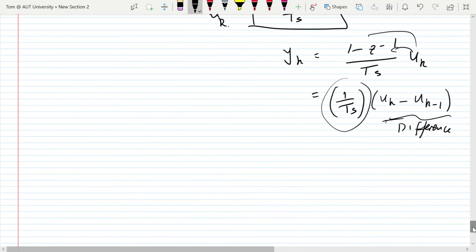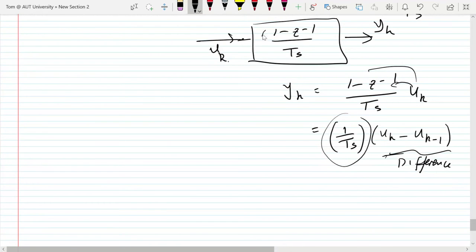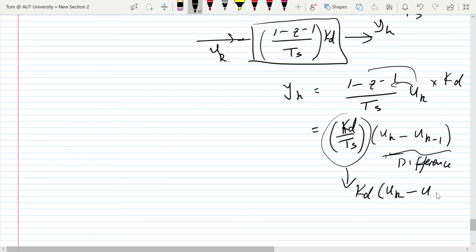But if we have a gain term in the differential, which is Kd, then you end up with Kd being here, and then Kd goes there. So again, you've got a new constant Kd over TS, which you might as well just redefine as Kd. It makes no difference. You can leave it if you want to be accurate as Kd over TS, but it just means the numbers are different scalings, that's all.